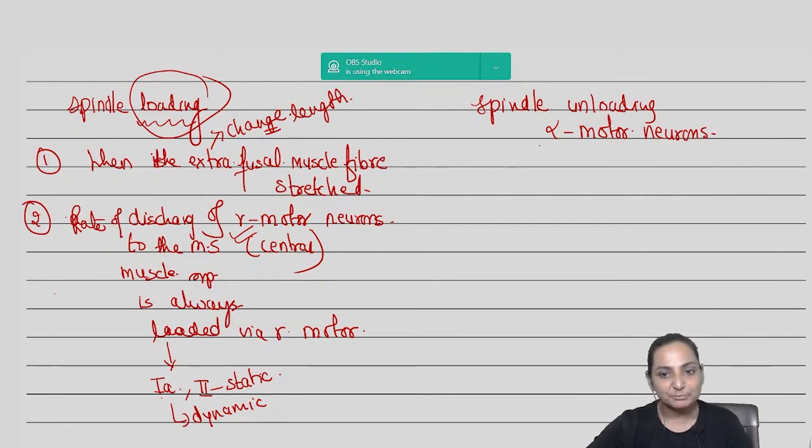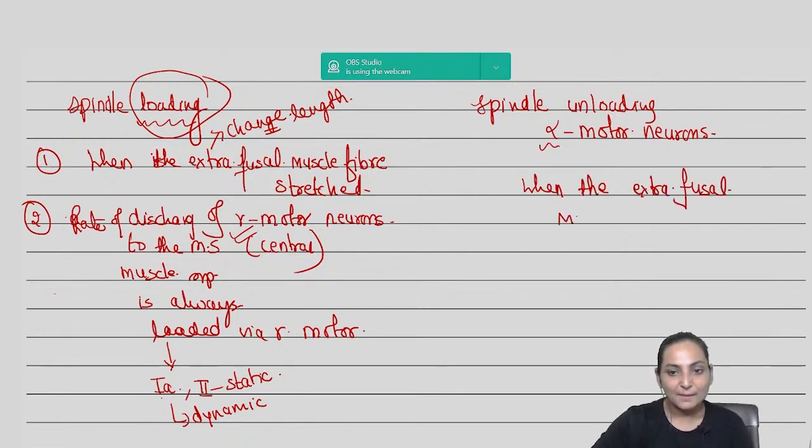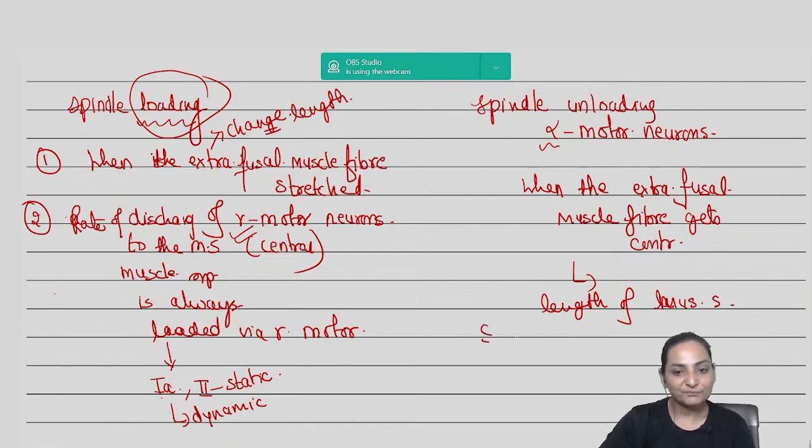It is very simple. When the extrafusal muscle fiber gets contracted, the length of the muscle spindle which was disturbed by eliciting the reflex, right?